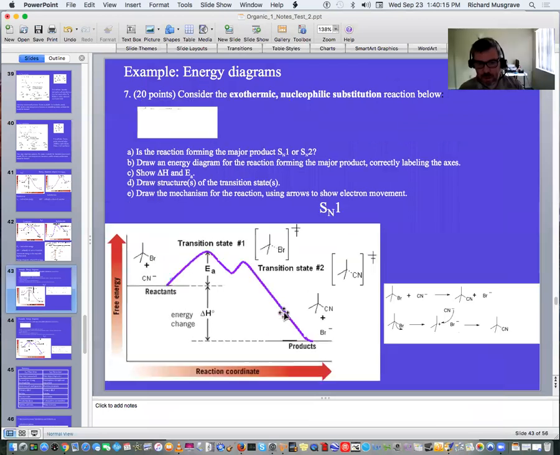Okay, let's take a look at the next one. Now, the next one, again, the diagram isn't coming up here.